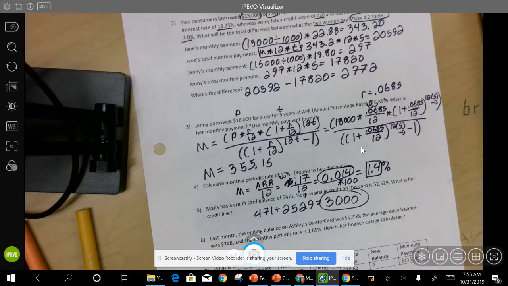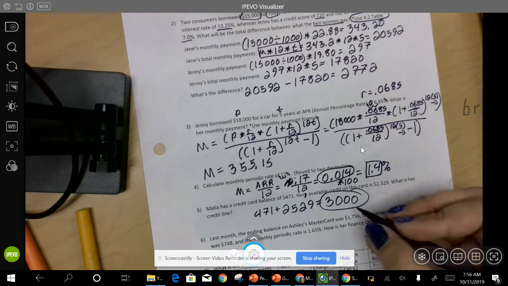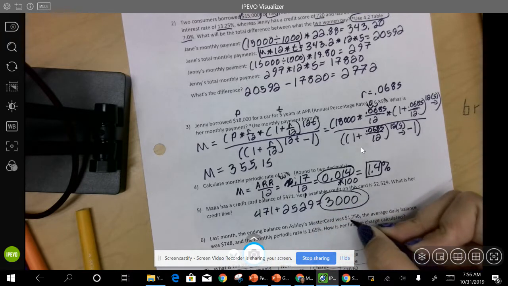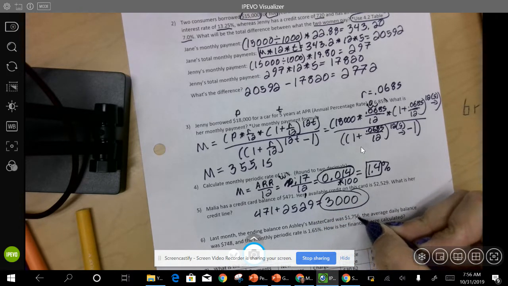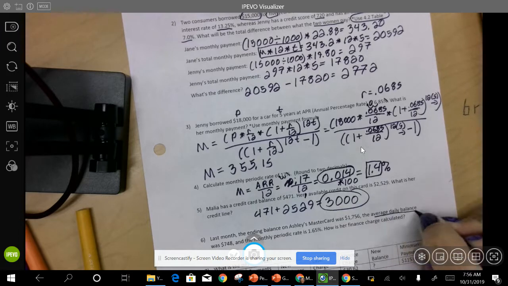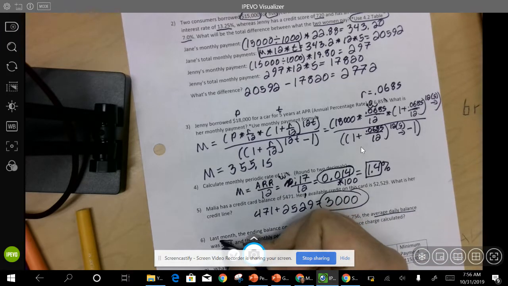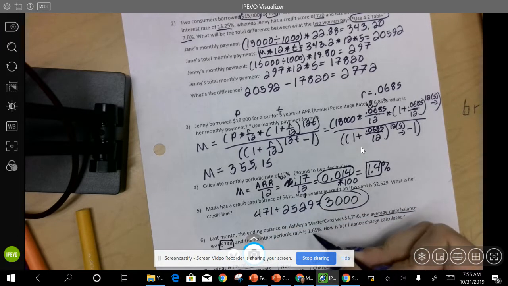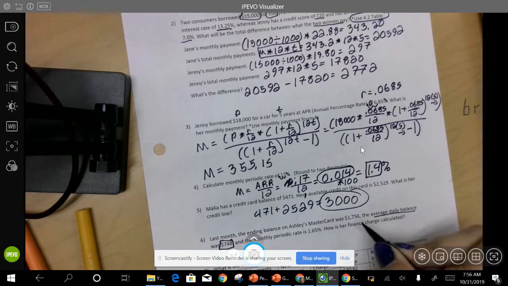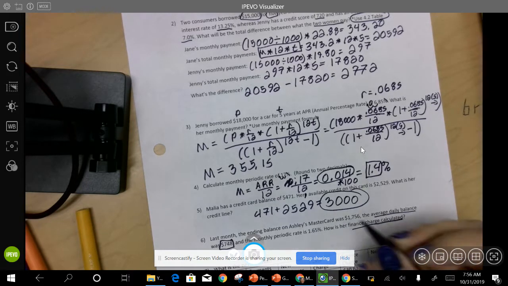Okay, so on this one, we want to know how our finance charge is going to be calculated. The ending balance on Ashley's MasterCard was $1,756. The average daily balance was $748. The monthly periodic rate is 1.65%. How was her finance charge calculated?